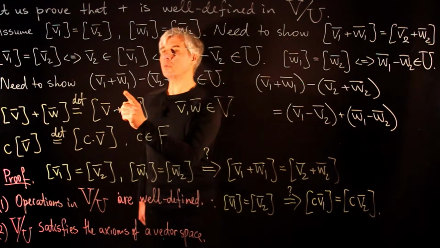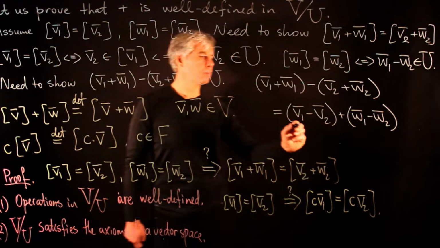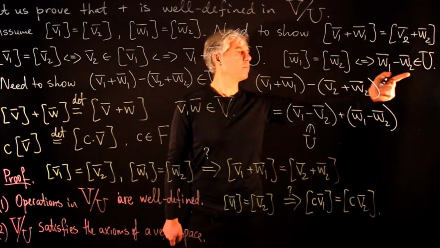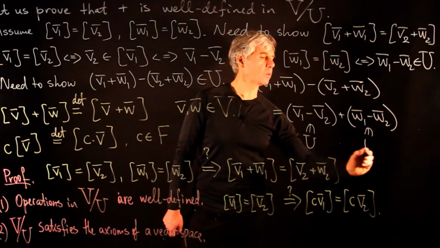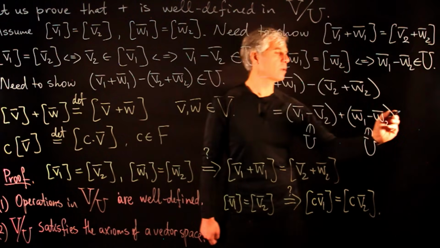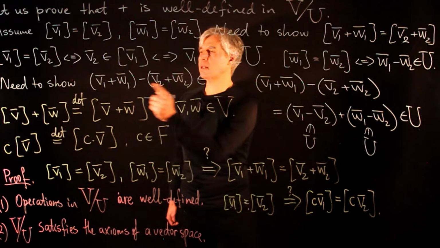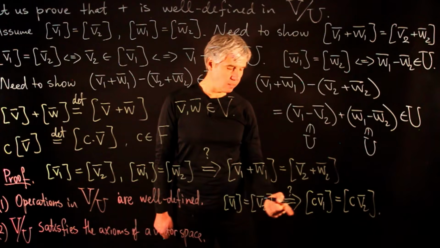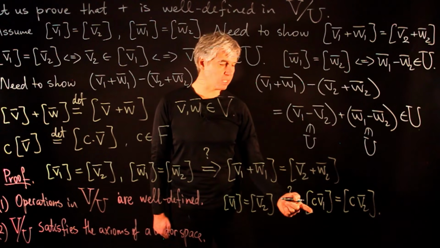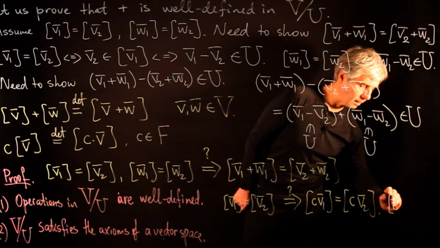But we assumed that v1 minus v2 is in U, and w1 minus w2 is also in U, and U is a subspace, and so the sum of two vectors in the subspace belongs to the subspace. And this proves exactly what we needed to prove. And the second part, where we need to prove that multiplication by scalars is well defined, I leave for you as an exercise.